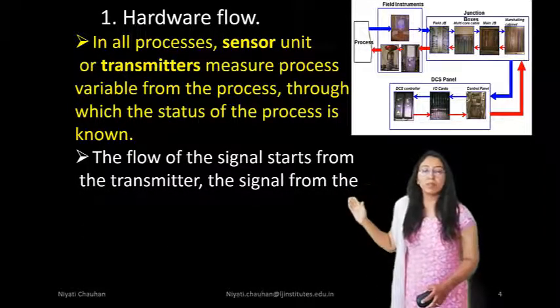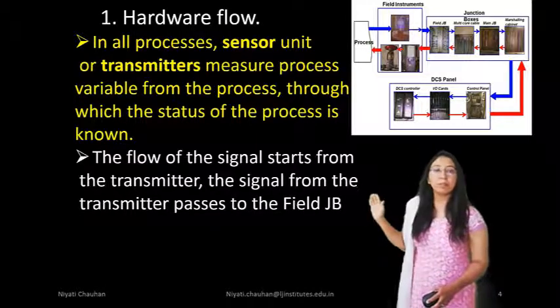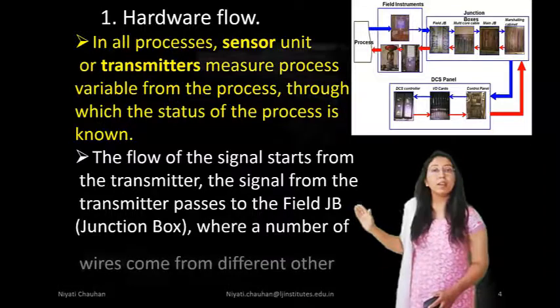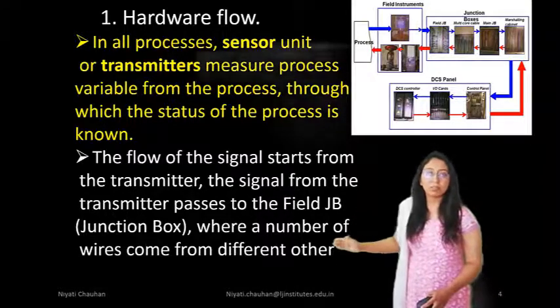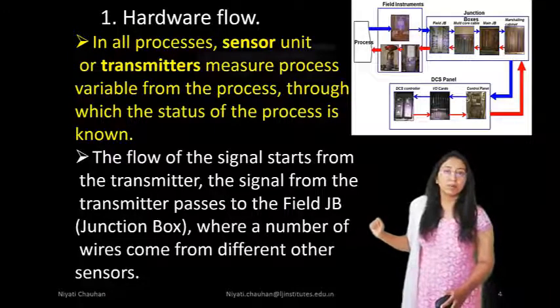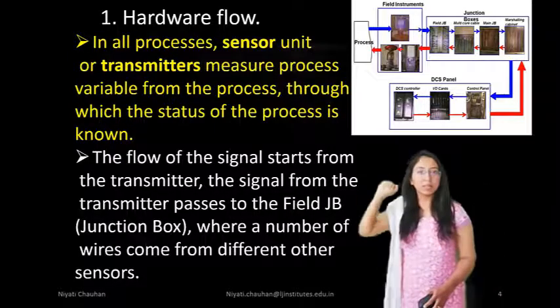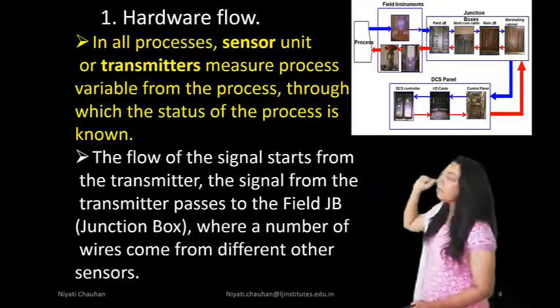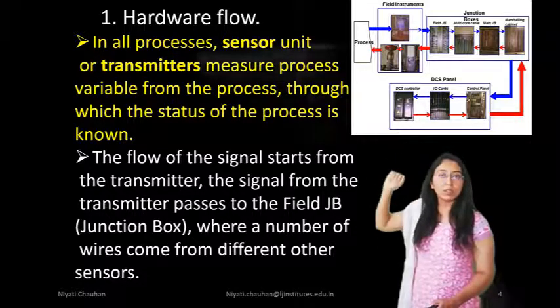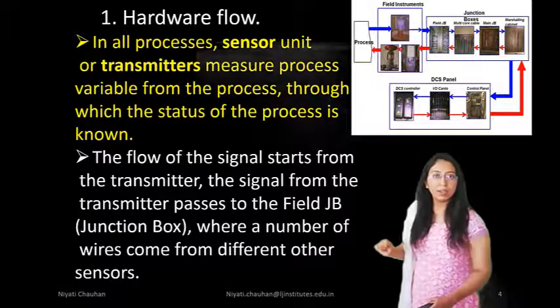The signal from the transmitter passes through the field junction box, where a number of wires come from different other sensors, okay. So here you can see in the diagram, the process sends a signal to the field instruments, right.